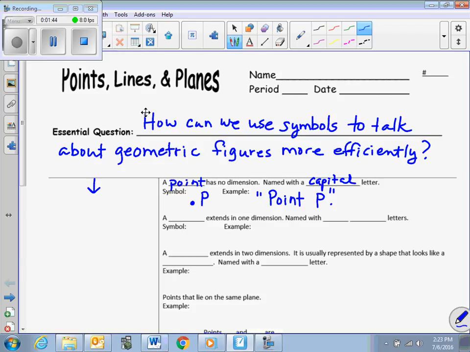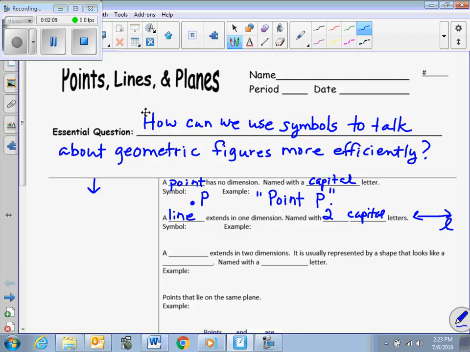All right. What is it that extends in one dimension? That would be a line, right? A line goes forever. It's one-dimensional, goes forever in two directions, and it's named with two capital letters. Although sometimes you'll see a line, we'll see a lot of this, and it'll be named with a lowercase script letter, but usually, I'll say usually, you'll see it named with two capital letters.